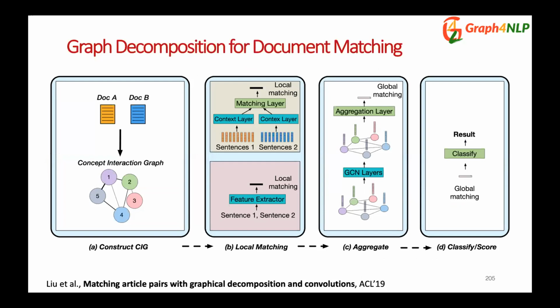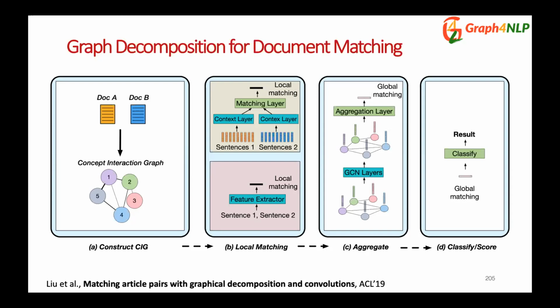First, we construct the concept interaction graph as described. Then we perform local matching. Now we have a graph of document pairs, where each node contains a subset of sentences from document A and document B. Then for each node, we perform short text matching using any short text matching method.